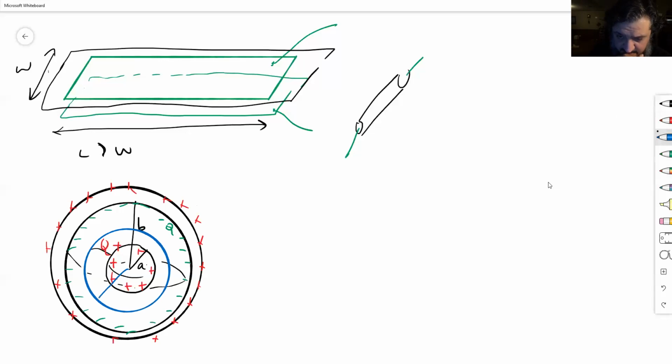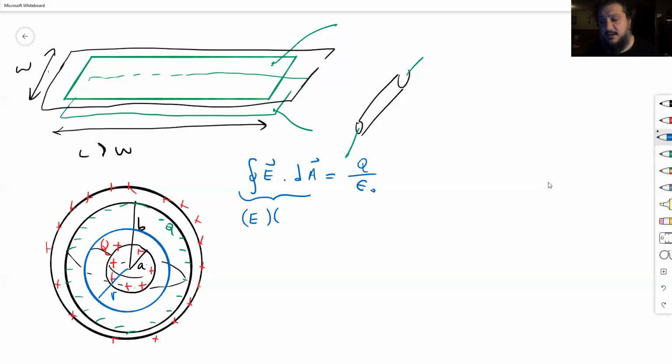So consider a sphere of radius r. That will be your Gaussian surface. On that surface, this integral, E dot dA, should be equal to the total charge inside, which is Q, divided by epsilon 0. Now using spherical symmetry, this integral is nothing but the electric field times area of that Gaussian surface, which is 4 pi r squared.